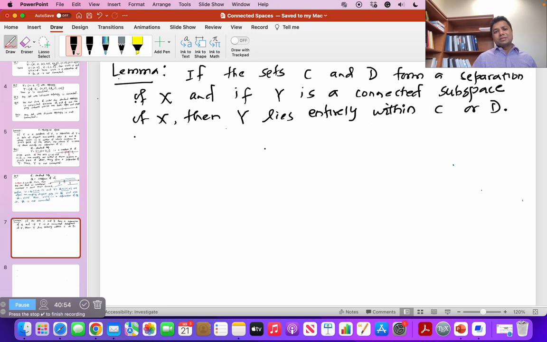Let's visualize this lemma. So we have a topological space X, and a separation of this topological space.